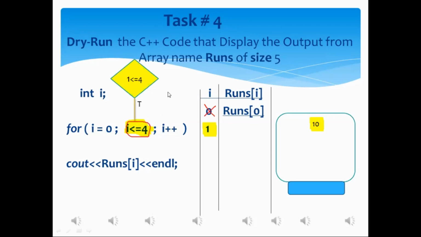When the condition within the for loop statement gets true, tell me, the control of execution will be shifted to where? Cout statement, sir. Okay, that one is the for loop associated statement. Your answer is correct, my dear.